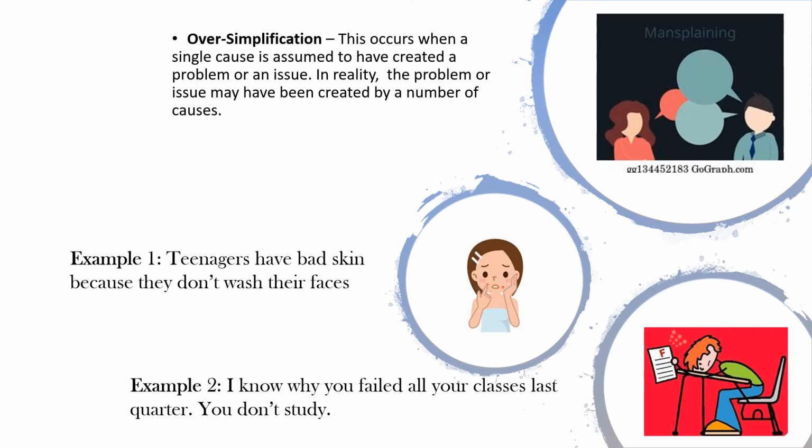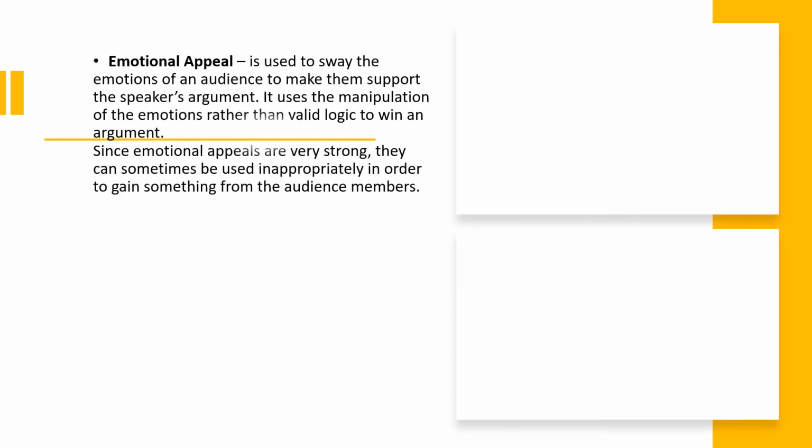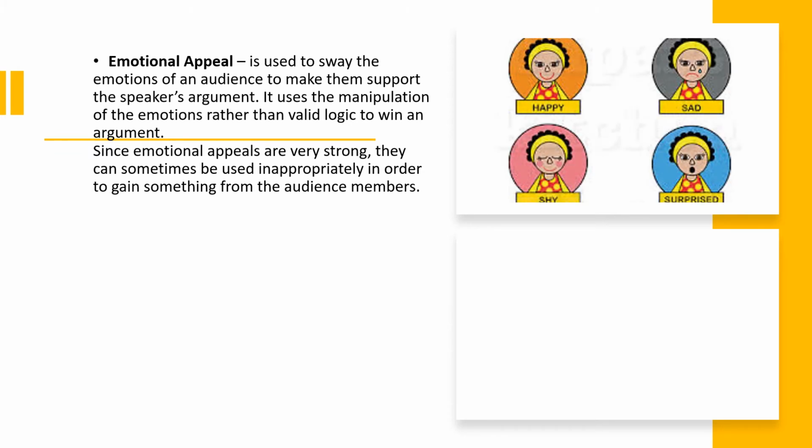Next is emotional appeal. It's used to sway the emotions of an audience to make them support the speaker's argument. It uses the manipulation of the emotions rather than valid logic to win an argument.